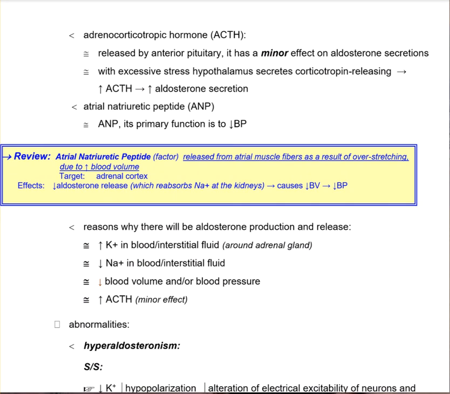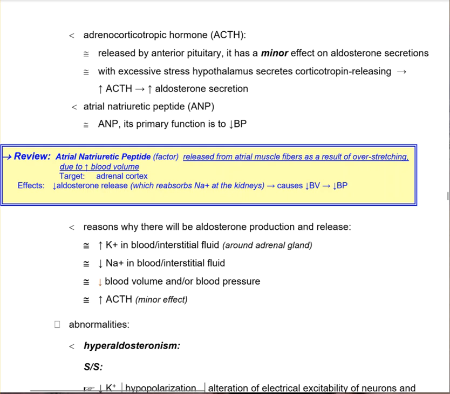Now we're going to talk about one other thing that impacts aldosterone, and this is adrenocorticotropic hormone. So remember, this is the one that stimulates the cortex, right? And so what does it do? It has a minor effect on aldosterone secretions, okay?